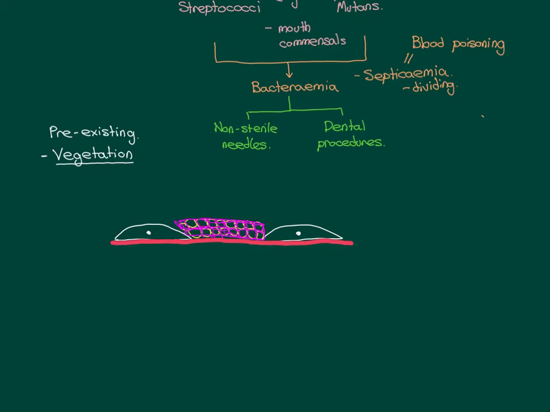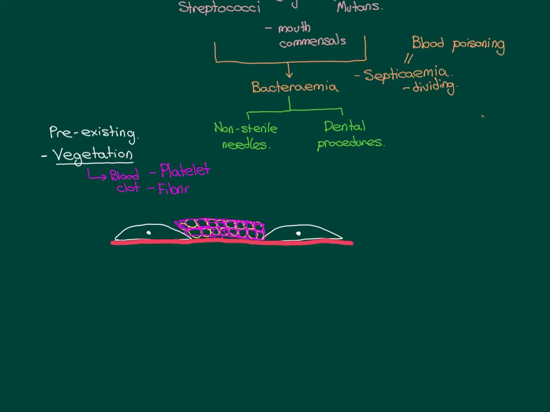And these are the two components of a blood clot. So a vegetation is a little blood clot that is formed on the surface of the exposed basement membrane, and this has two components. It has the platelet component and also the fibrin meshwork.